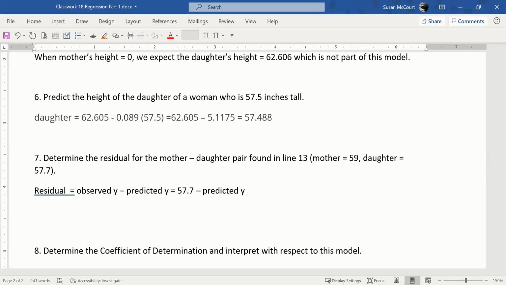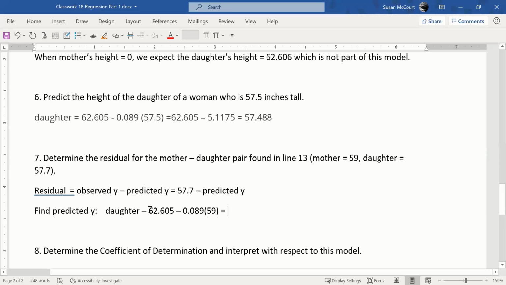So I'm going to go down here and find the predicted y using the equation. Daughter is equal to 62.605 minus 0.089 times the 59 for the mother's height.